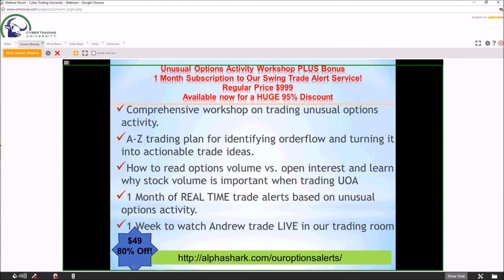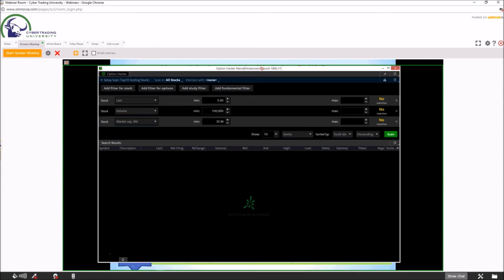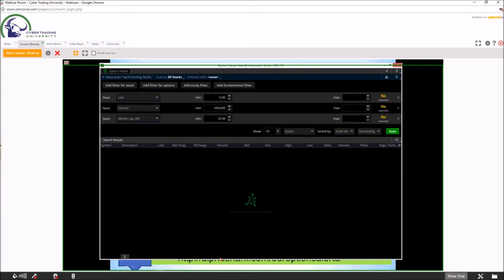No, you don't need to buy any software. I actually wanted to show you that if you have Thinkorswim, and I don't have my TradeStation account up and running right now, so I won't show you there, but I'll show you in Thinkorswim. They have a function in there called Option Hacker, and it's a scanner that lets you scan the options market with a bunch of different criteria, not just based on unusual volume.